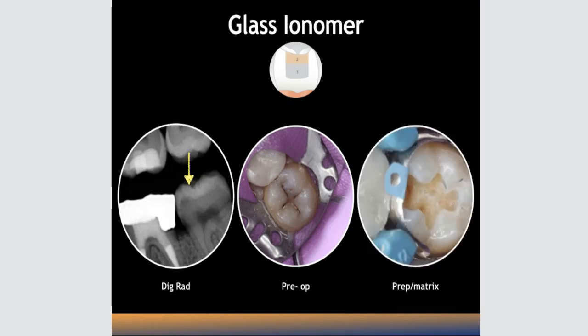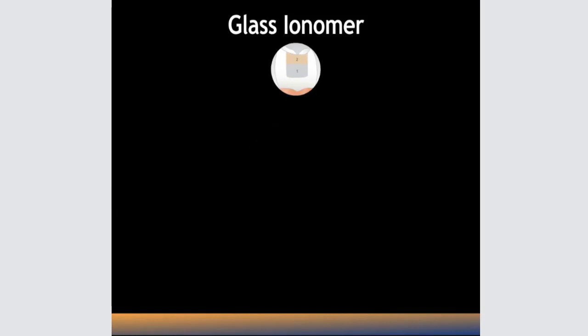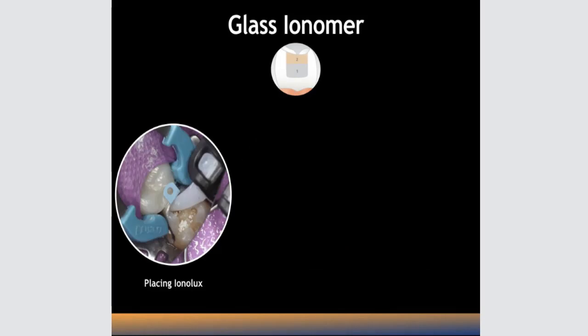Here's the pre-op, and now we've prepared it, and we're just going to place the glass ionomer into the deepest part of the restoration.